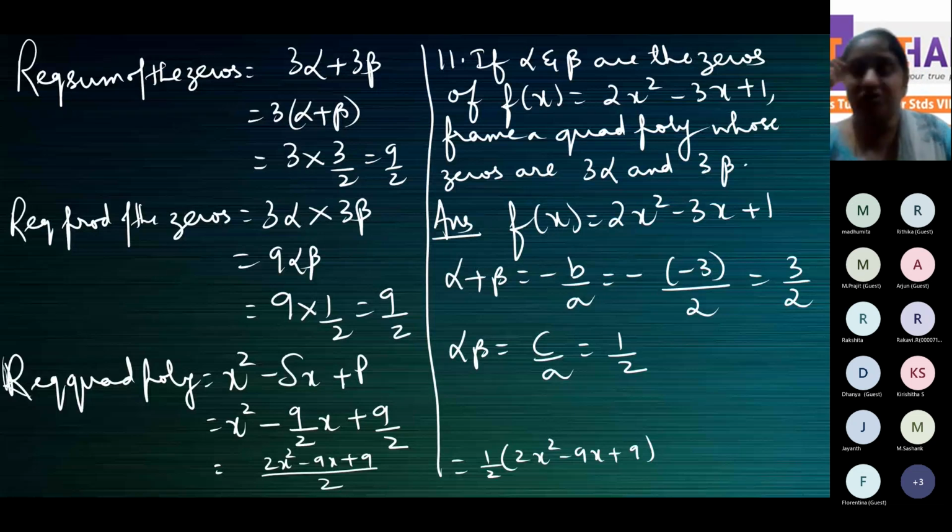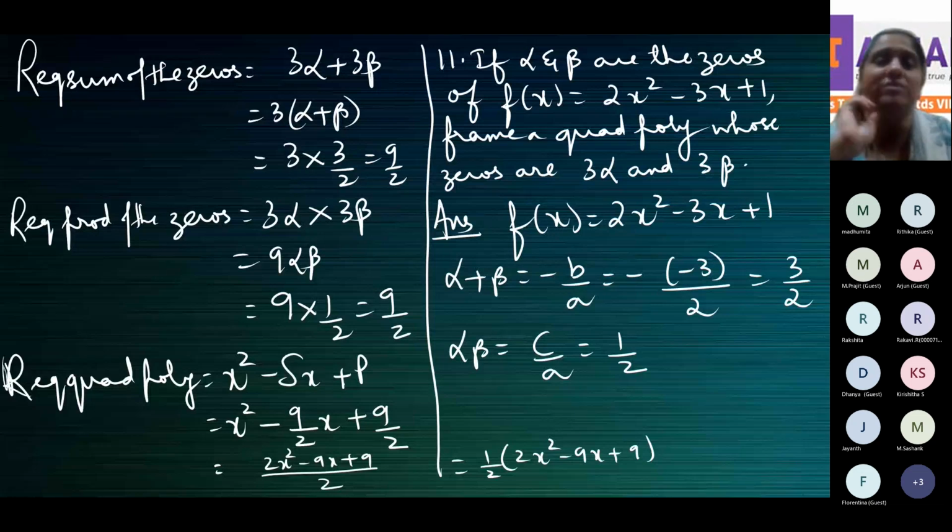So in this question, we are given a quadratic polynomial whose zeros are alpha and beta, and we are asked to construct a quadratic polynomial whose zeros are 3 alpha and 3 beta. So first, with the given polynomial, we find alpha plus beta and alpha beta.